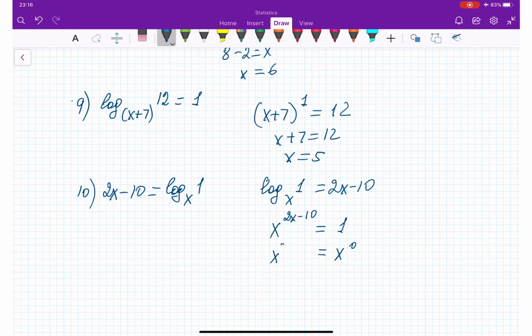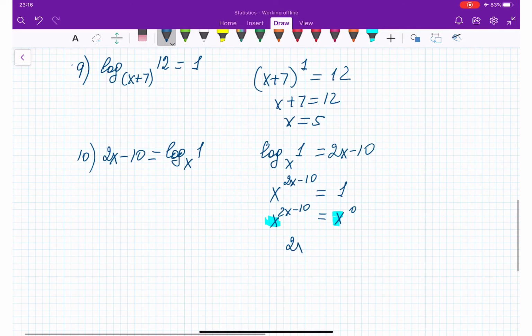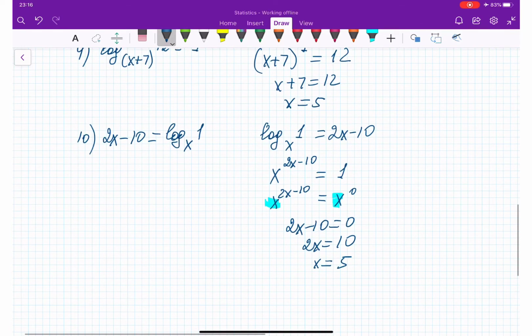So x to the power 0 is equal to x to the power 2x minus 10. Do I have the same base? Yes. That means my exponents are also equal. So 2x minus 10 is equal to 0. 2x is equal to 10 and x is equal to 5. Nice solution.